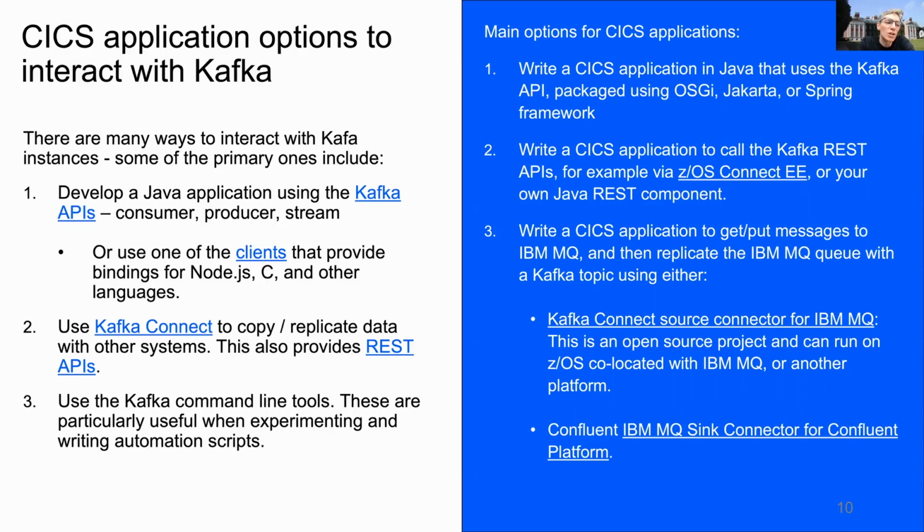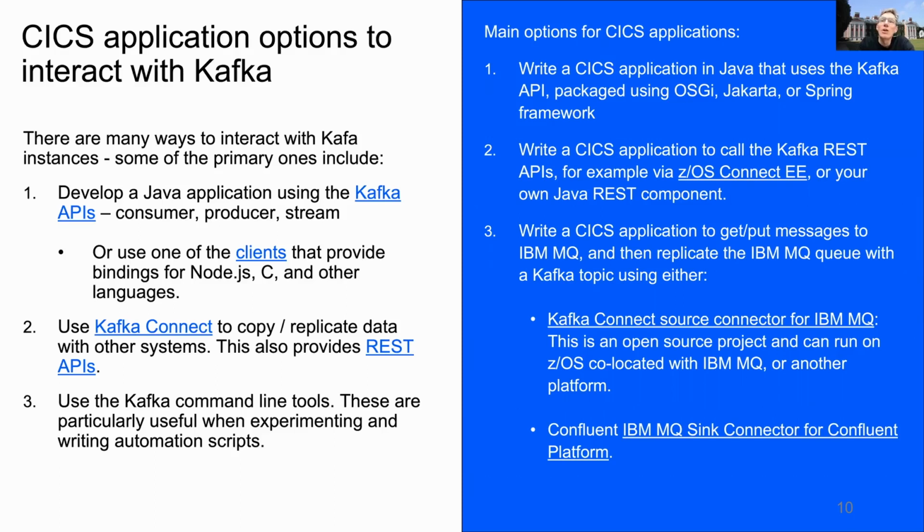You could use the Liberty JVM server in CICS and write a Jakarta or Java EE application, or you could use the Spring framework. All of those are supported in CICS, so it really depends what other APIs you want to use as to which of those is appropriate.